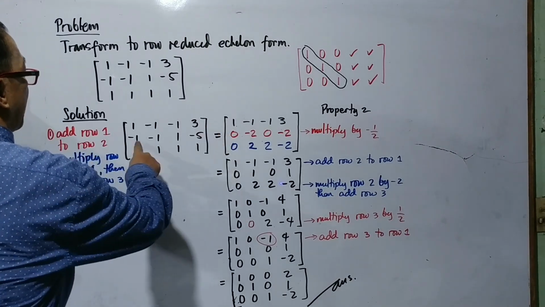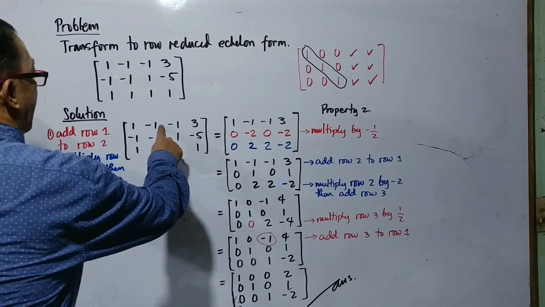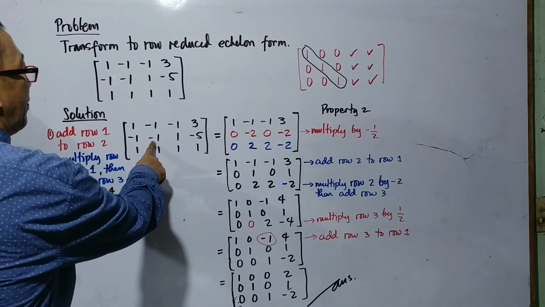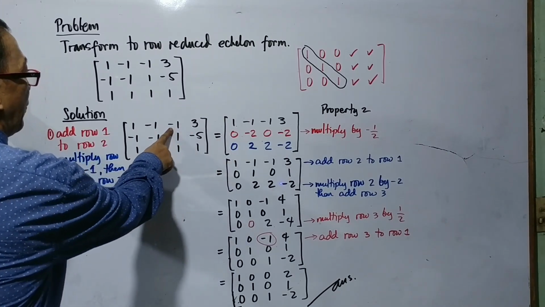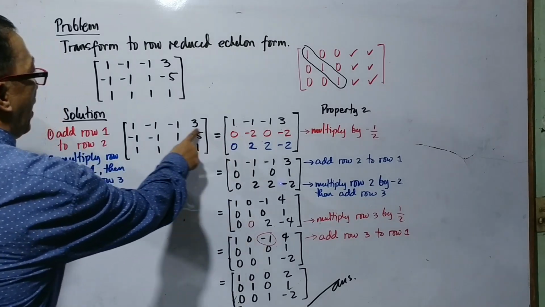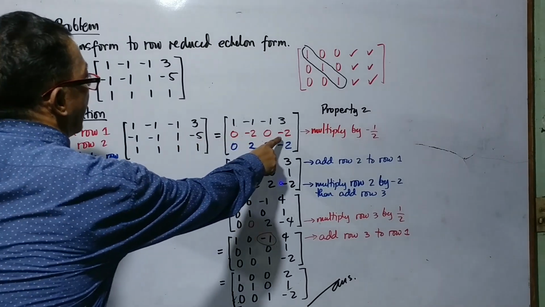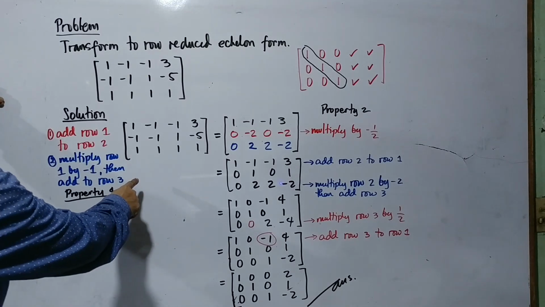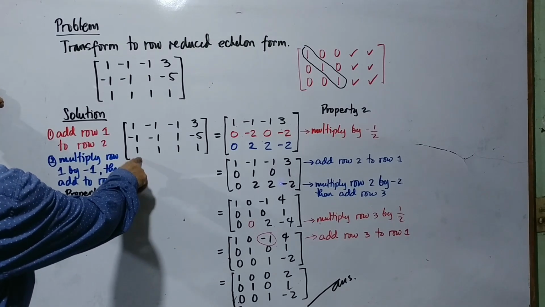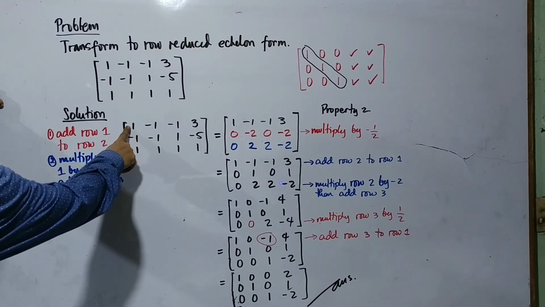1 minus 1, 0. Negative 1, negative plus negative 1, negative 2. Negative 1 plus 1 equals 0. And 3 minus 5, negative 2. Dito naman, to make it 0, multiply negative 1.